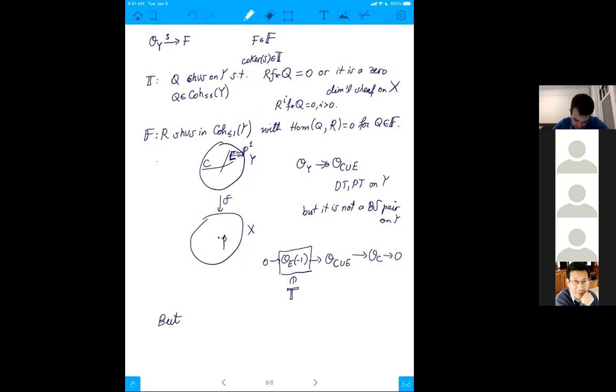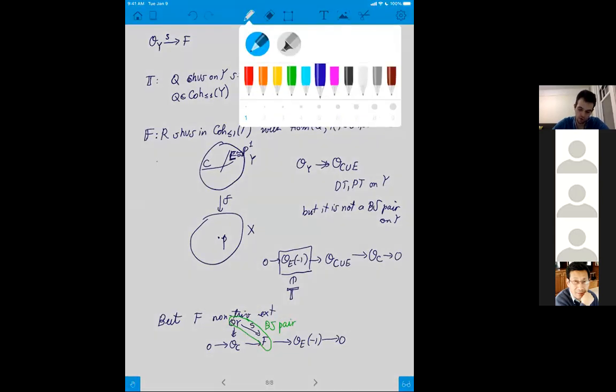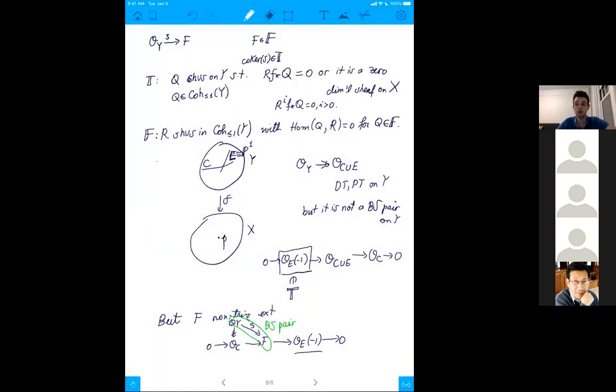So there is a non-trivial extension. And then using this natural surjection to O_C, we get the section, and this complex O_Y goes to F will be a BS pair. Because now the co-kernel of s is O_E(-1), which is torsion for this Bryan-Steinberg definition.